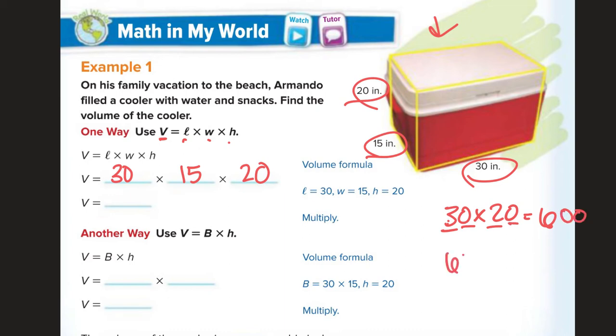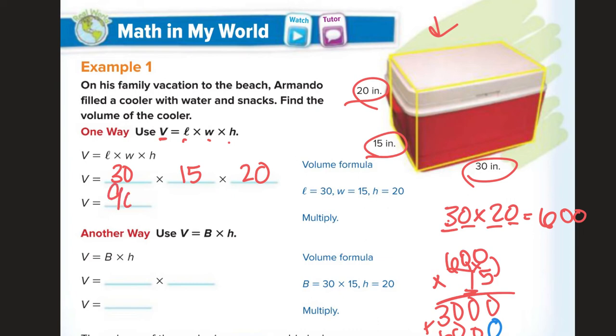So then if I do 600 times 15, I can multiply everything by the 1 in the tens place, and the 5. Oh, look at that. 9,000. So our volume here is 9,000.